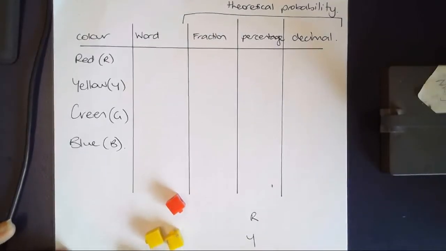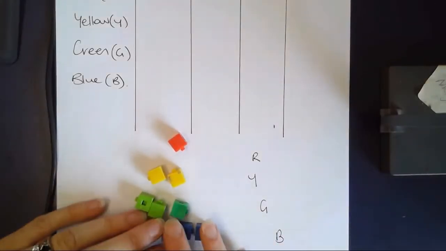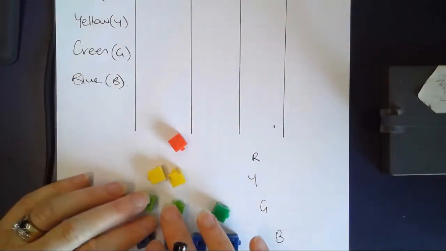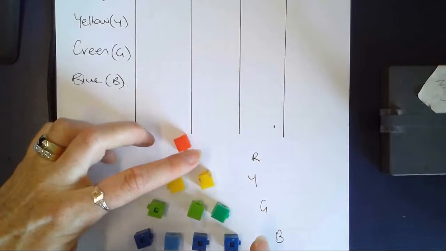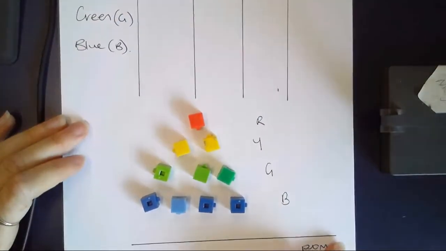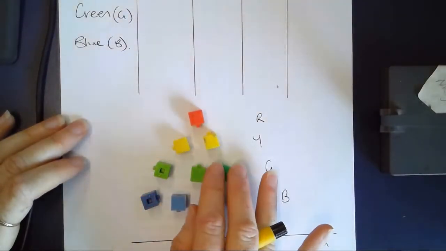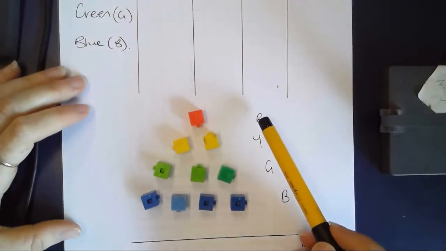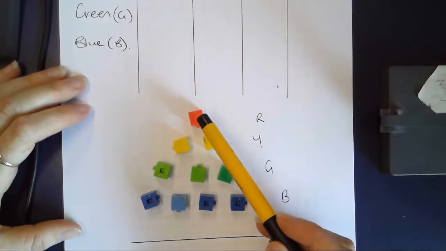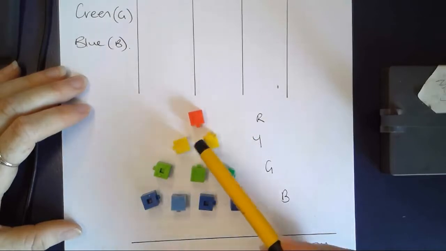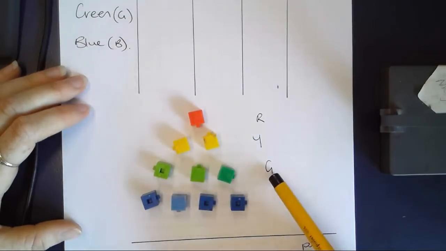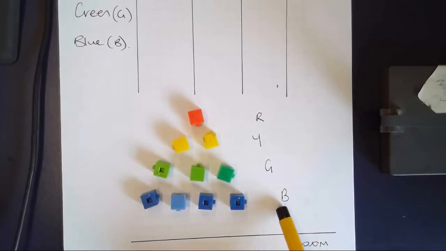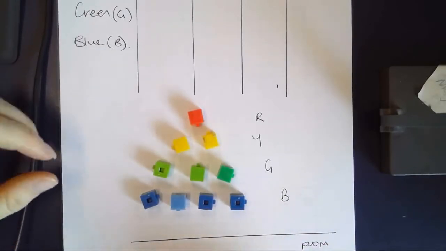Then we got into a more complicated situation where we had blocks of 4 different colours all mixed together in the one container. I know there's a few boys that have trouble seeing colours, so I've written next to them the letter that the colour starts with. So red, the first one, 1 red, 2 yellow, 3 green, and 4 blue. Imagine that they're all together in a container, a cup or a bag or something.